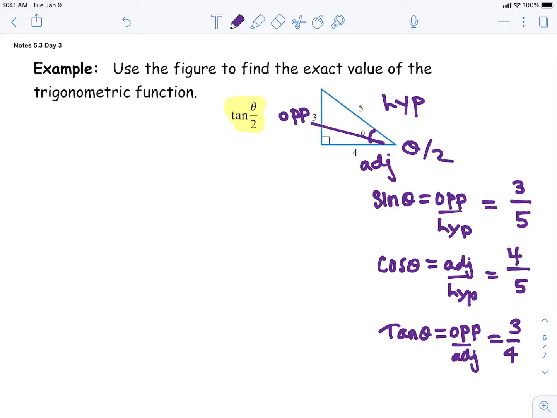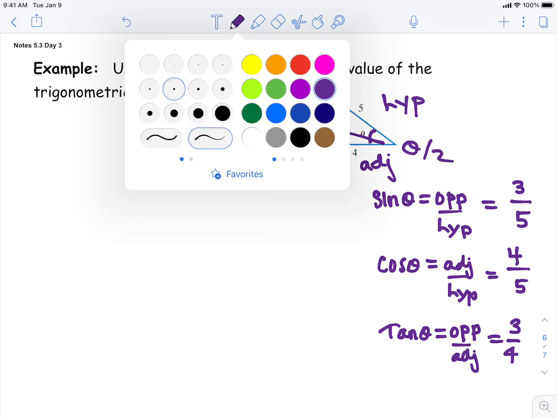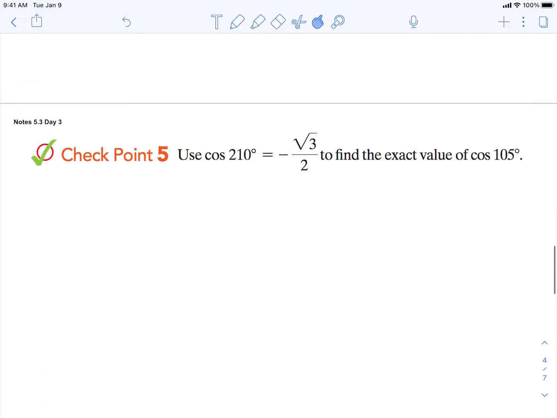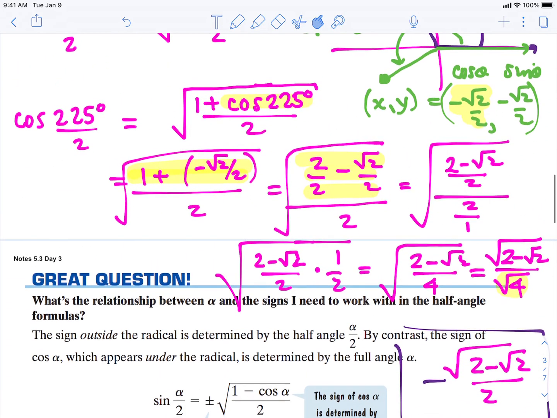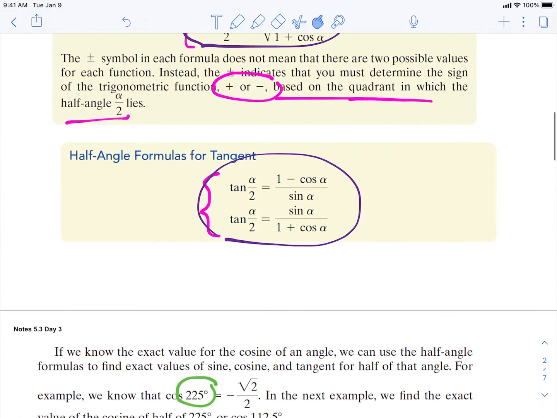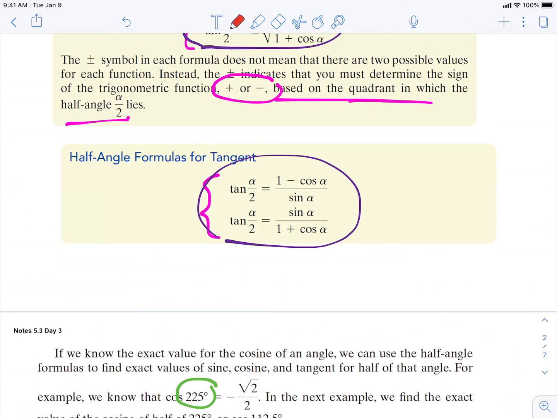All right, so we're going to use one of those formulas. I'm just going to go ahead and write down the tangent of theta over 2. I can just use one of these. I'll just use this one right here.